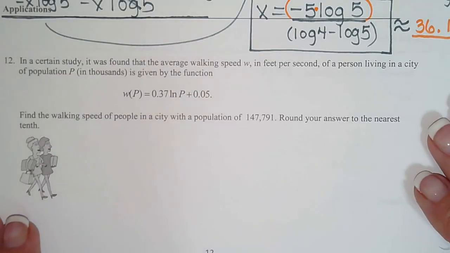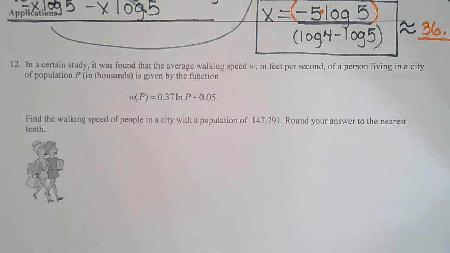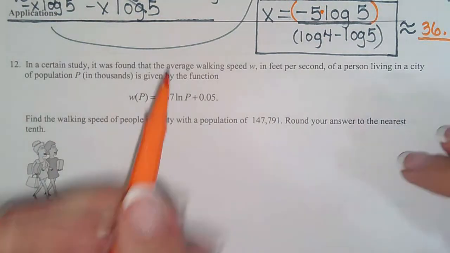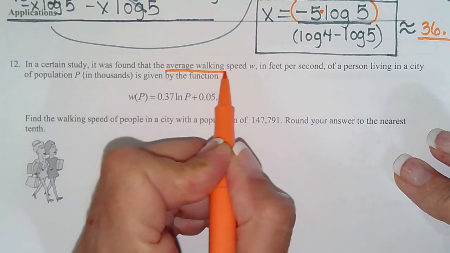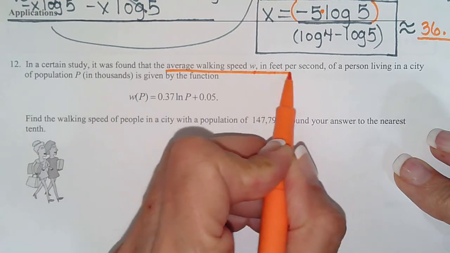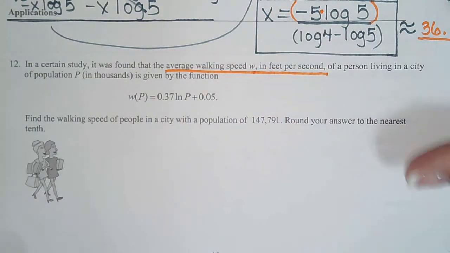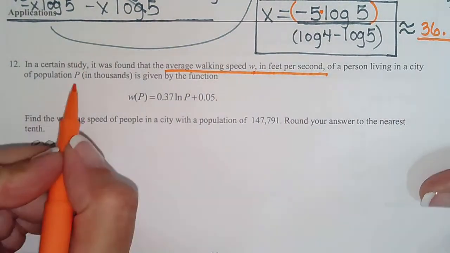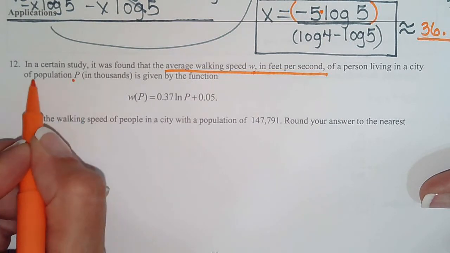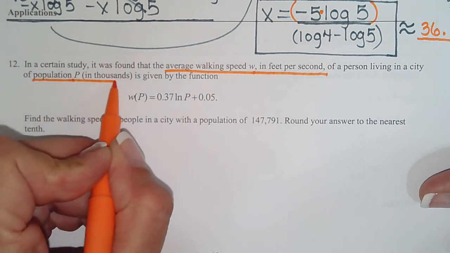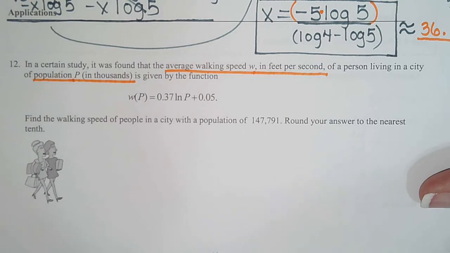Who knows? In a certain city, it was found that the average walking speed, W, in feet per second, of a person living in a city of population, ooh, there's important stuff, population is P, and we have to add the word thousands to it, or 3 zeros, when we get the answer.